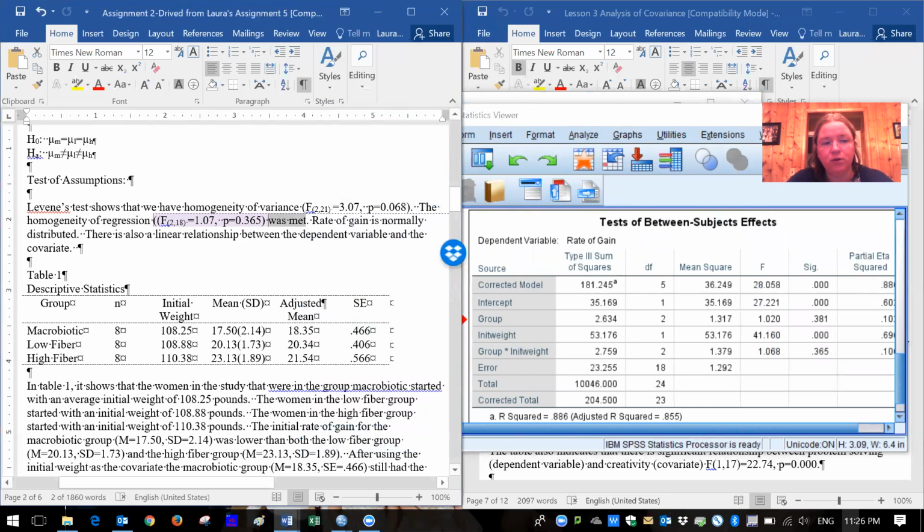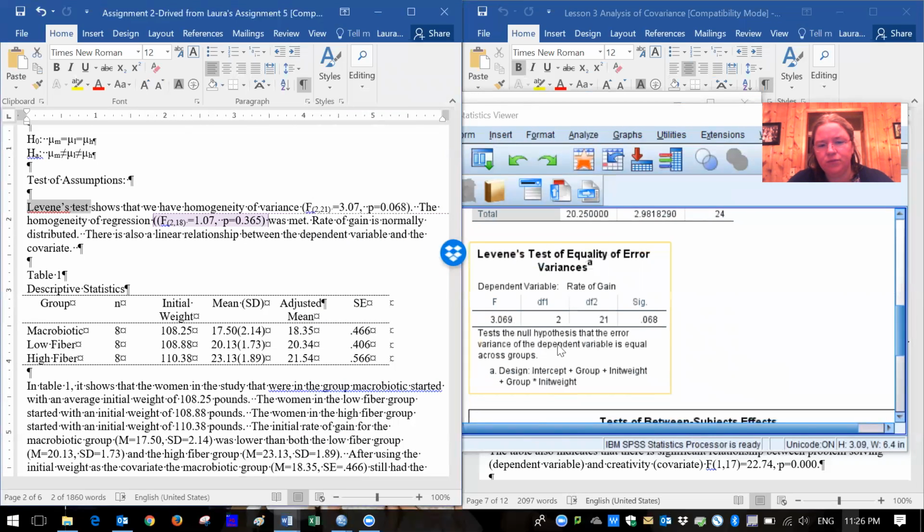So both the Levene's test, which was up above, right here, we have our F-test here, F(2, 21), you're taking D1 and D2 and putting them in parentheses, is equal to 3.07, and the p-value is 0.068.